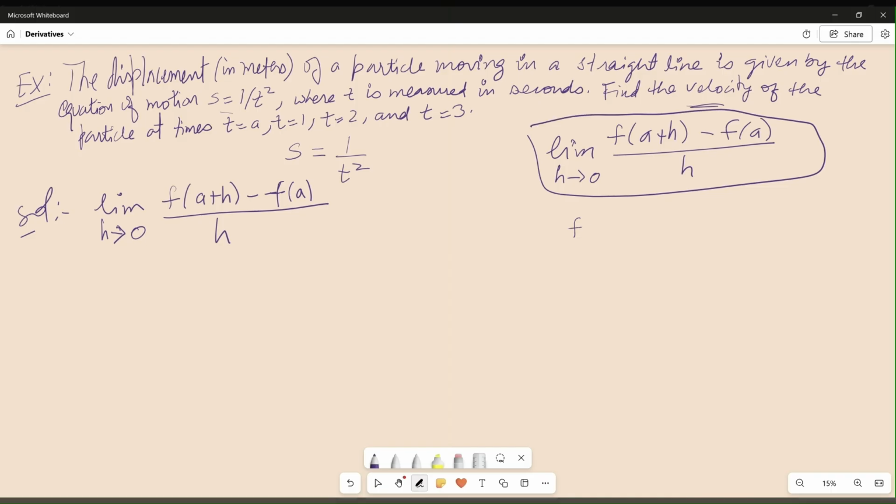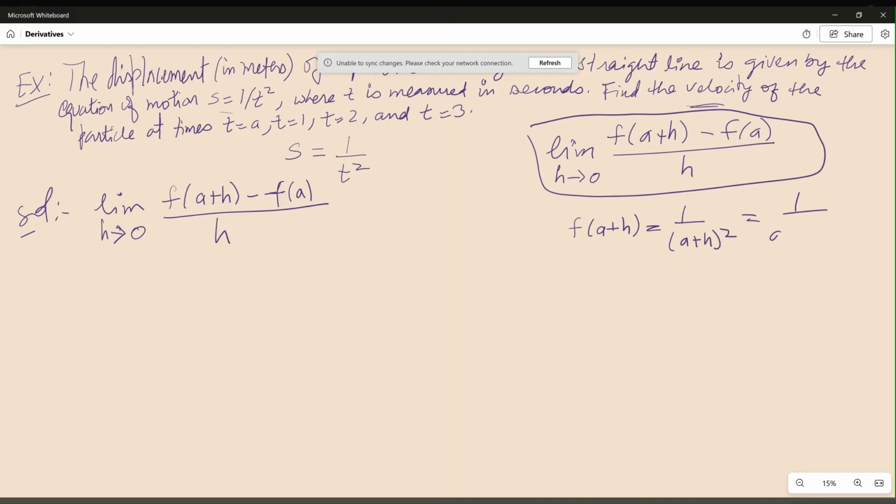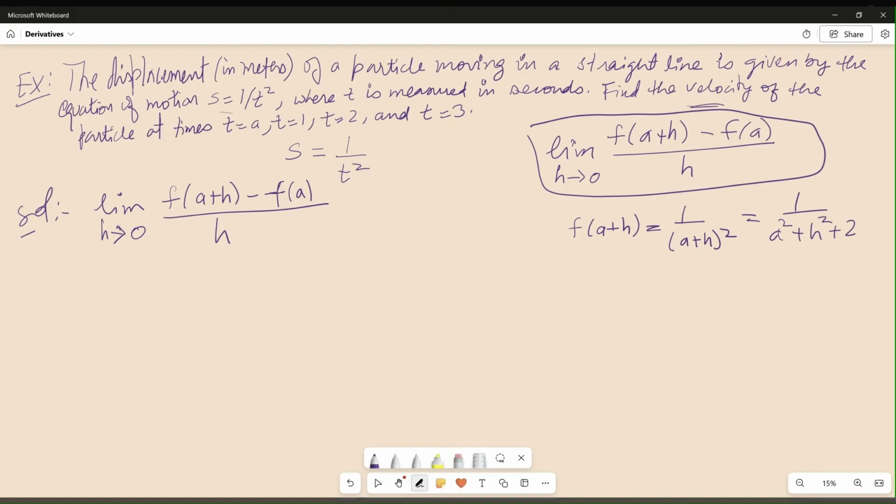So f of a plus h is what? This is 1 over (a plus h) squared, where we apply the (a plus b) squared formula: a squared plus h squared plus 2ah. And f of a is 1 over a squared.